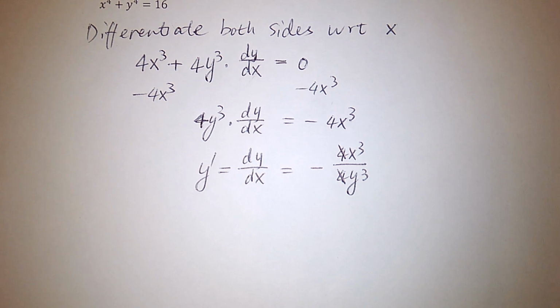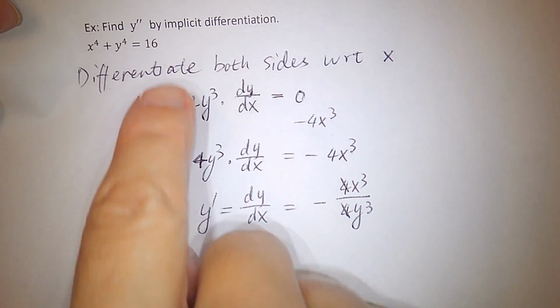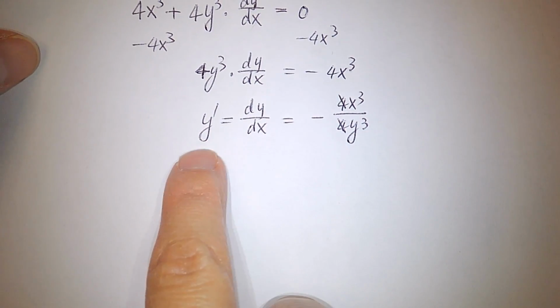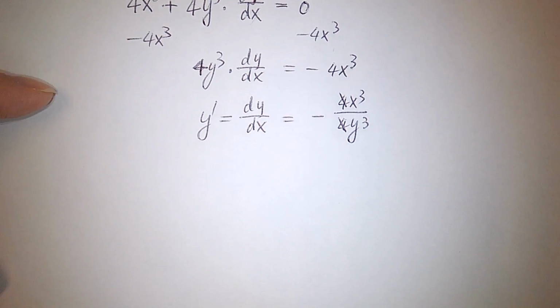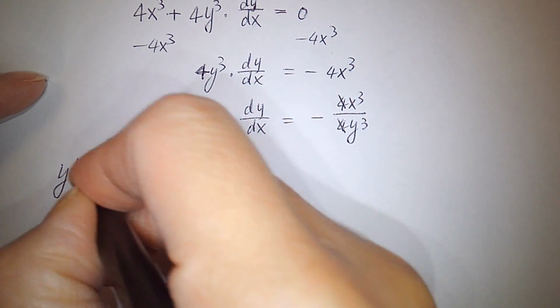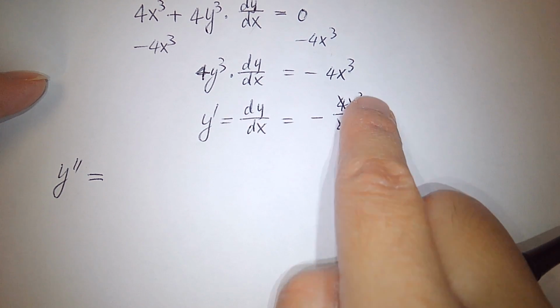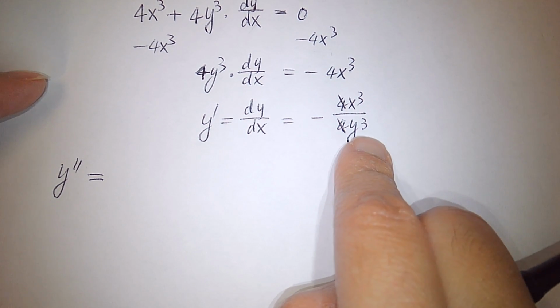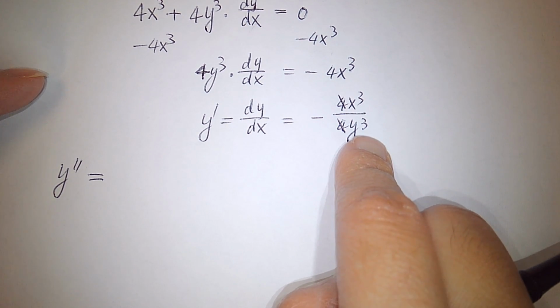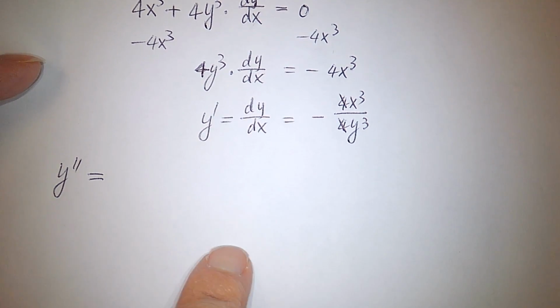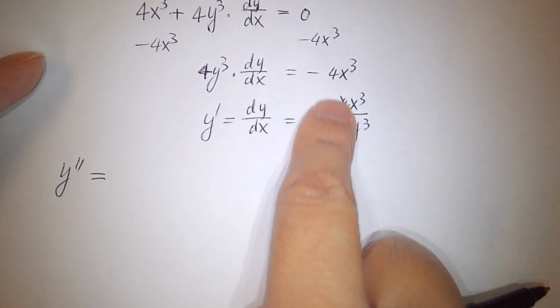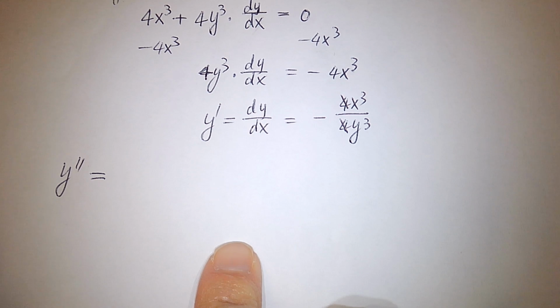We're not done yet. We need to find what? Y prime prime. Okay? So from y prime to find y prime prime, what do we do? Differentiate the negative x to the cube over y to the cube with respect to what? x. Right? So now this is a quotient. We should use which rule?